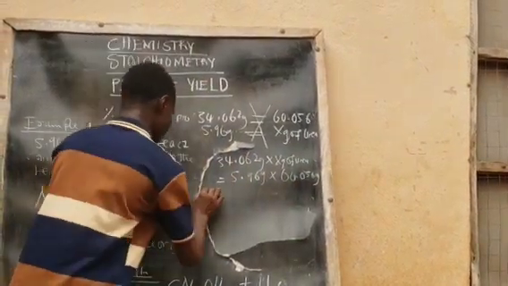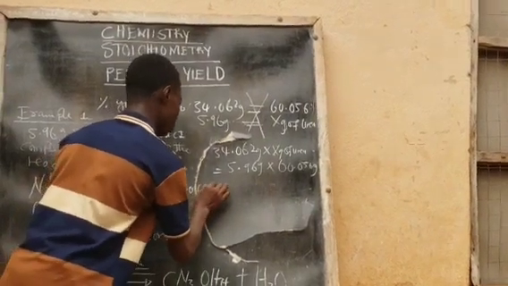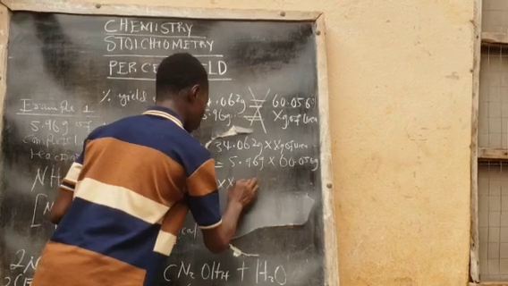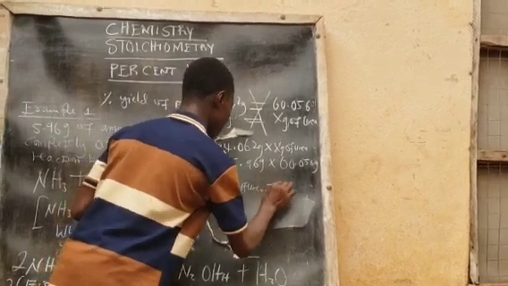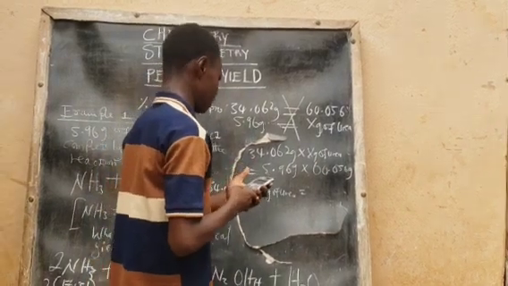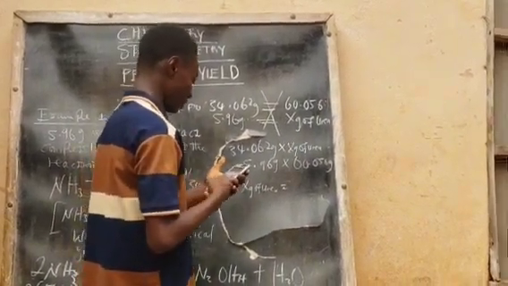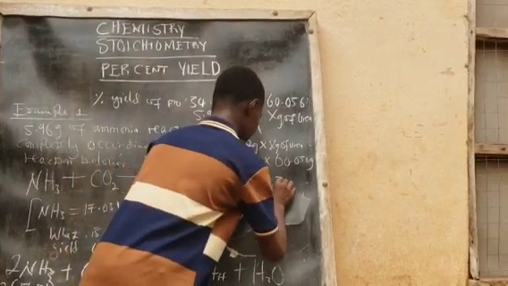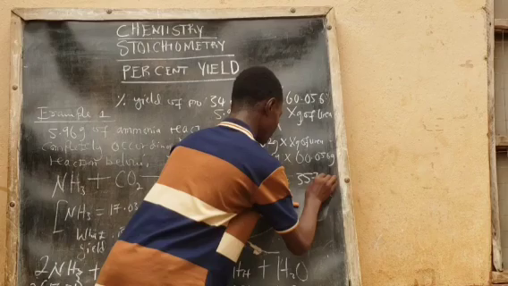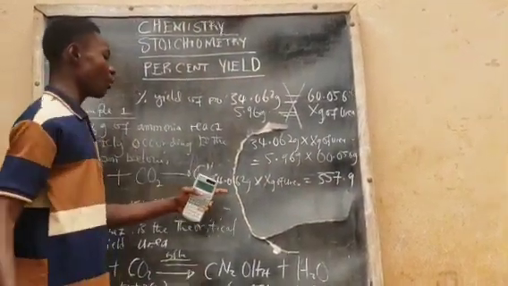Now I will say 34.062 gram multiplied by X gram of urea is equal to, if I multiply this and this, 5.96 multiplied by 60.056, which will give me 357.9. So now I want to make my X gram of urea the subject.